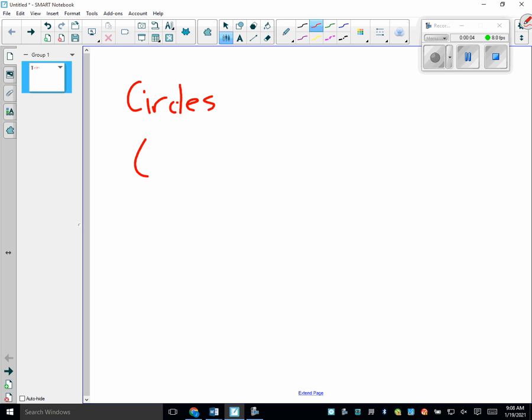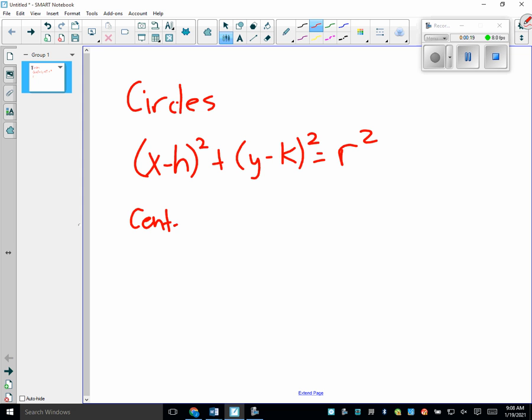Equation of a circle: (x minus h) squared plus (y minus k) squared equals r squared. The center of a circle is (h, k). The radius of a circle is r.